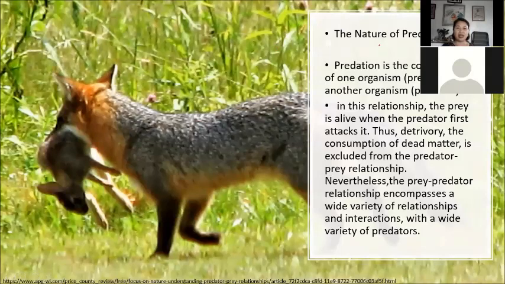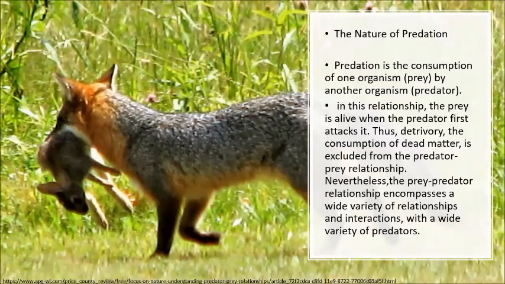Okay, next. The nature of predation. Predation is the consumption of one organism, the prey, by another organism, the predator. Predation is a biological interaction where one organism, the predator, kills and eats another organism, its prey.